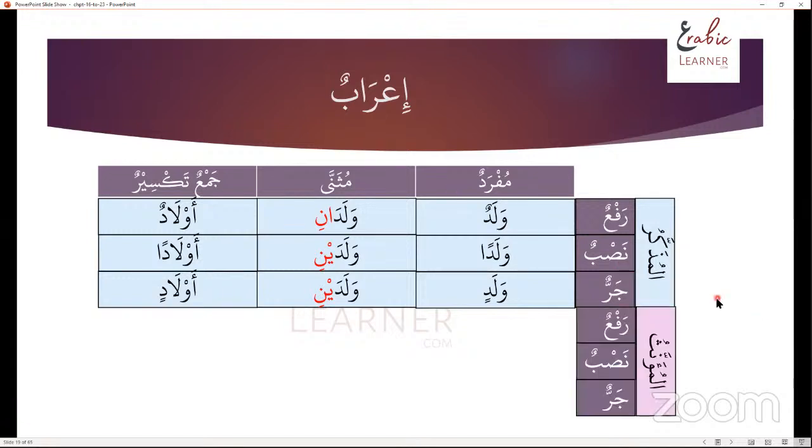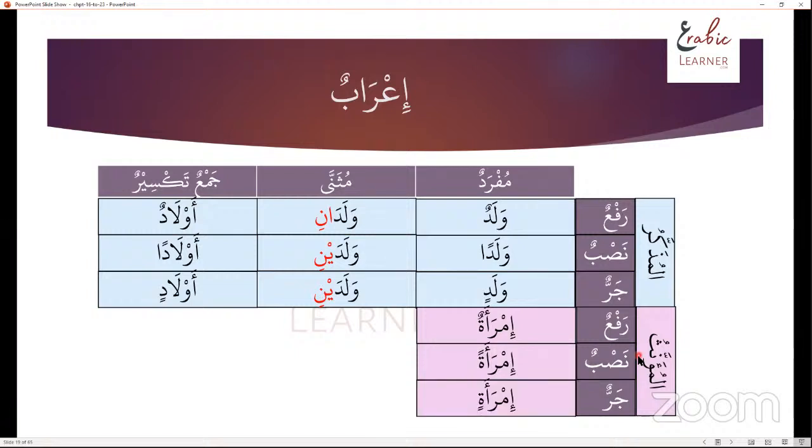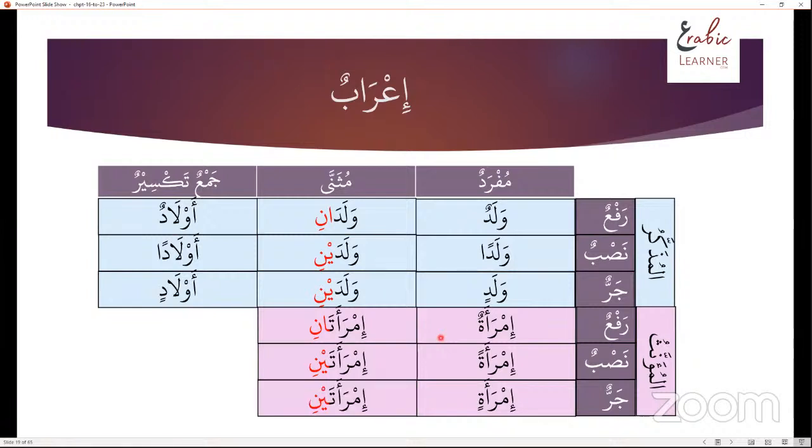So these are muzakkar. Now, imra'atun means a woman. Imra'atun, imra'atan, imra'atin. Now, what will be the two women? Imra'atani, imra'ataini, imra'ataini. And what will be the plural?